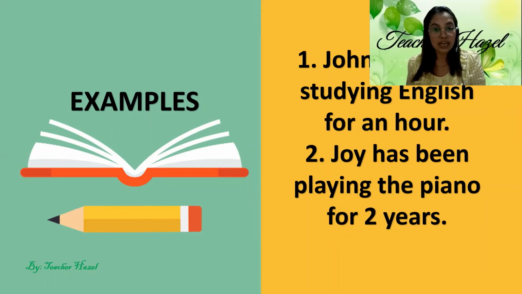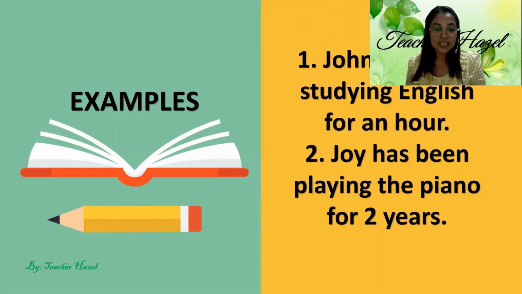You'll notice again, we have been and then verb-ing, in this case, playing. At the end of this sentence, we also use for and then 2 years. So again, we're showing how long this has been happening.